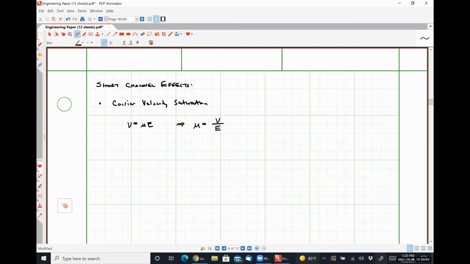We are imparting a whole heck of a lot of energy to electrons in the source, flinging them at the drain as fast as we can. Okay, so let's think about what that means.